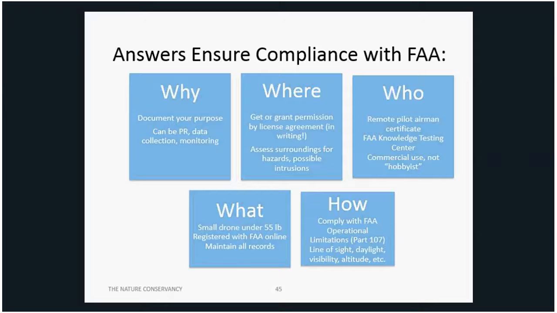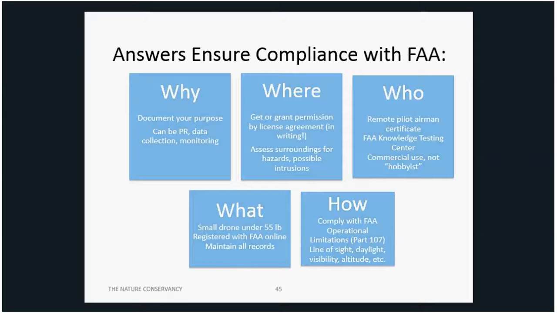The FAA is just now getting those testing centers listed on its website, and I know anecdotally of 2 people who are currently in that process. We don't yet know how that's all going to wash out, but we do have a couple of people who are already in that process here at TNC that I know of, and I'm sure there are many more out there.